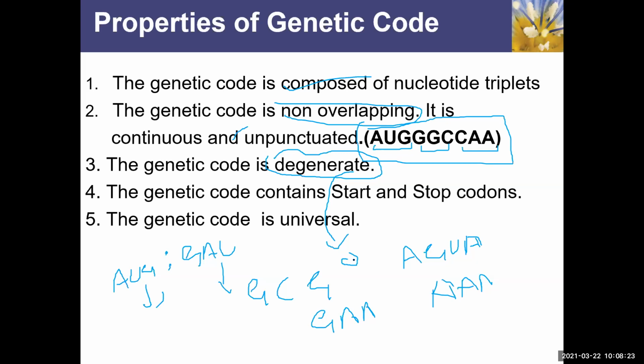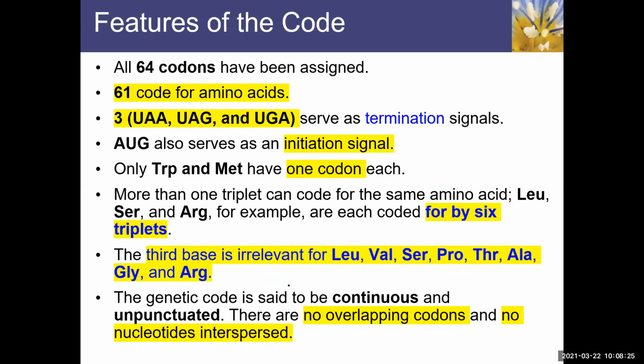For example, serine is an amino acid which has 6 codons. So you can't help that. That's okay. It's coded by 6 triplets, 6 codons. Degeneracy means one amino acid has more than 1 codon.